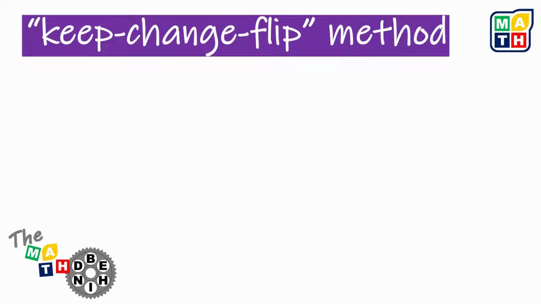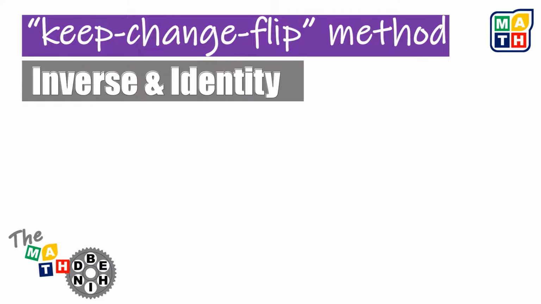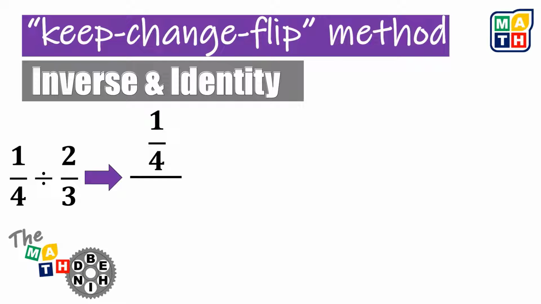The secret behind the keep, change, flip method is a combination of an inverse and an identity property for multiplication. With the same given, we could always write this in the form of a rational expression where the dividend, which is 1/4, is the numerator, while the 2/3, being the divisor, is the denominator of the said rational expression.